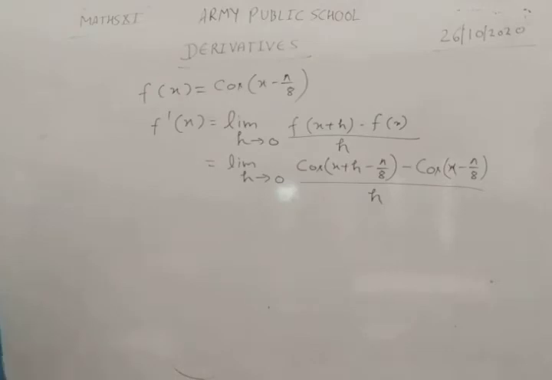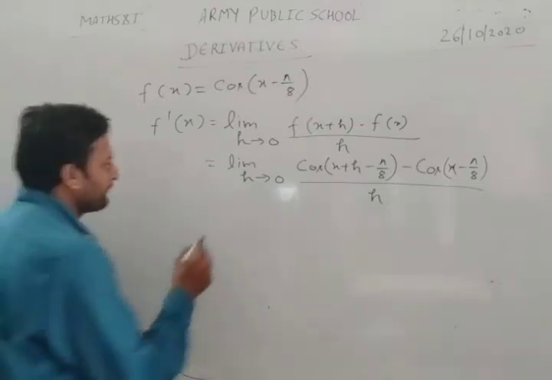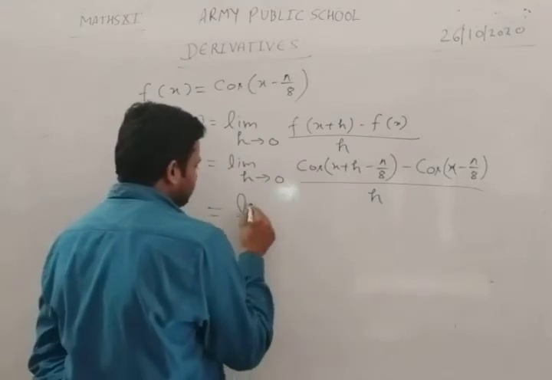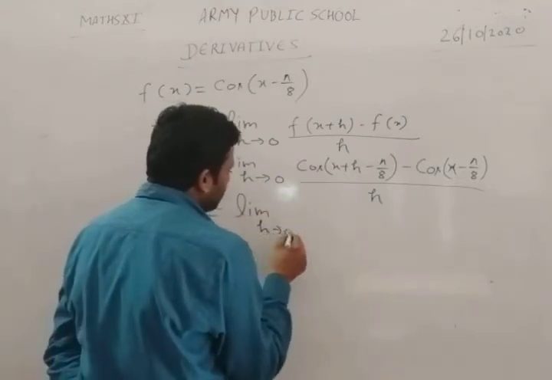Now we will apply the formula for cos c minus cos d. So we write limit h tends to 0.